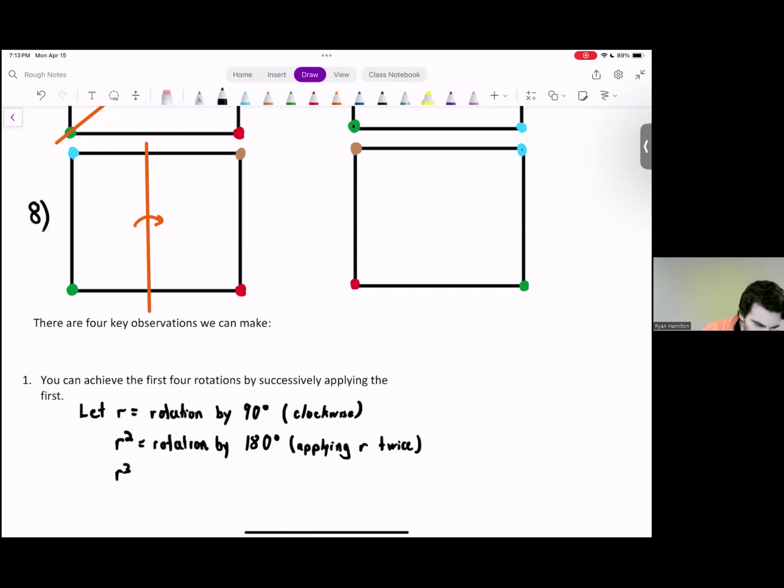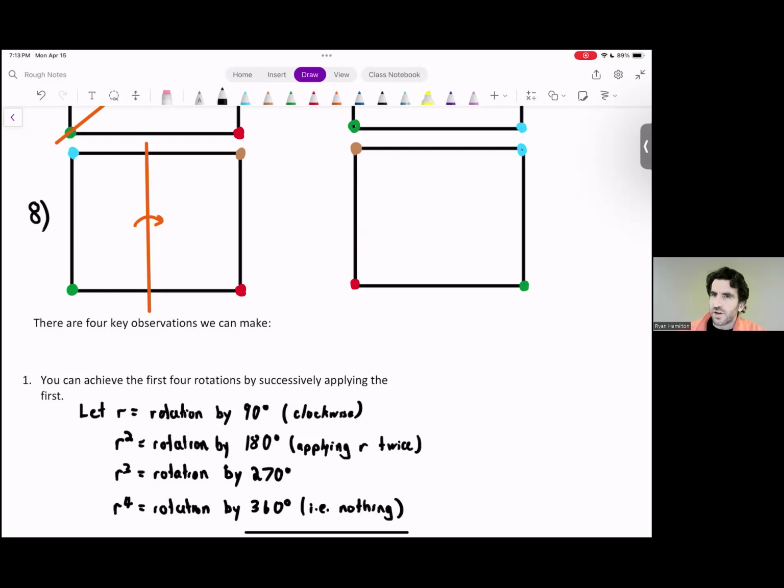R cubed is rotation by 270 degrees. And R to the 4 is rotation by 360 degrees, which is the same as doing nothing. So i.e. nothing.